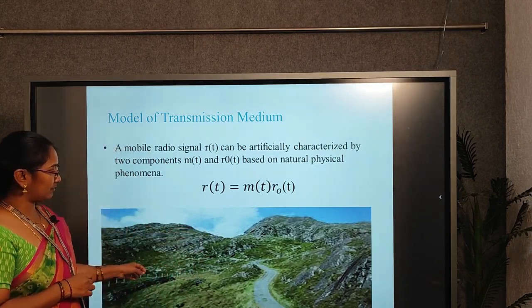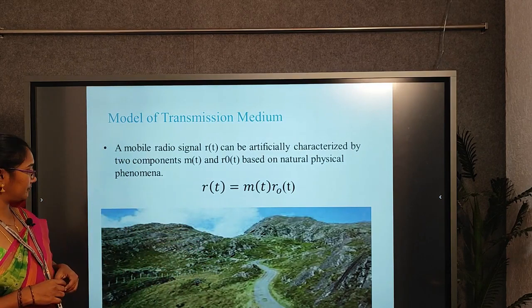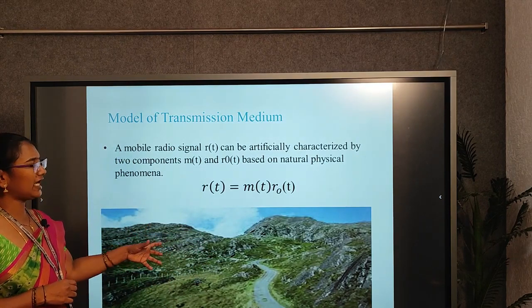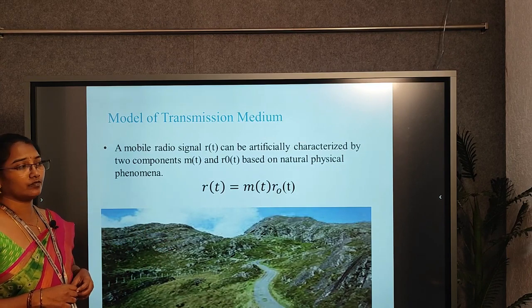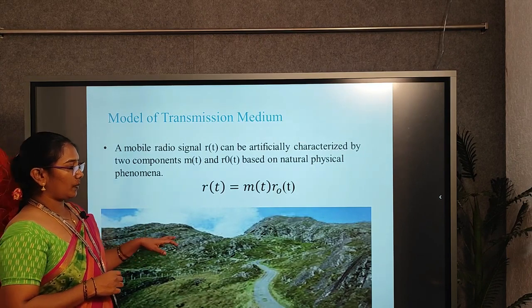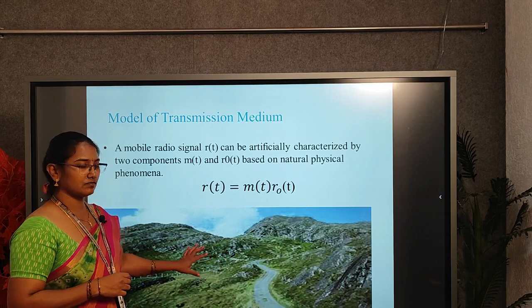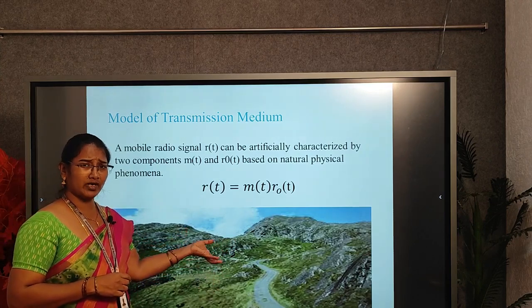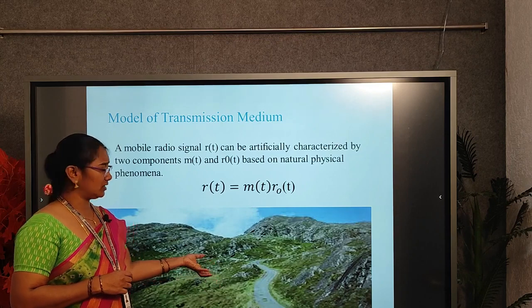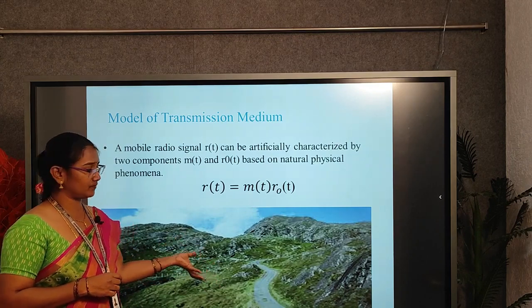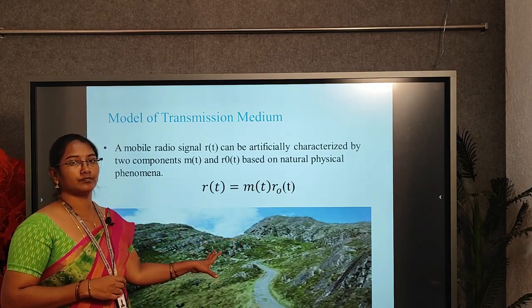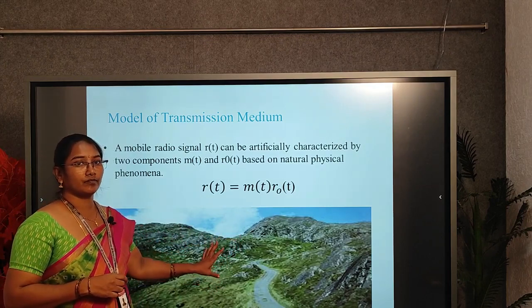Here is an example, some hill stations are taken. Actually it is free space, no population is there, so man-made noise is not there. So the signal will travel a long distance, no problem in that.